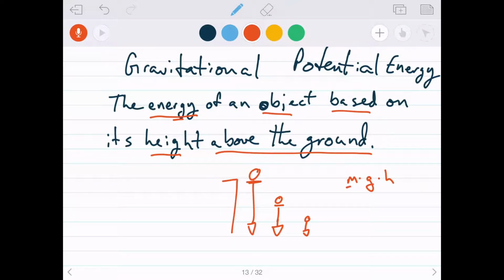Notice, does the mass of the object in this case change as I change its height? Height 1, height 2, height 3. No. Does the acceleration due to Earth's gravity change? No, it's the same throughout. So the only thing that changes is the height. So the greater the height, the greater the potential energy. The lower it is above the ground, the lower the potential energy.